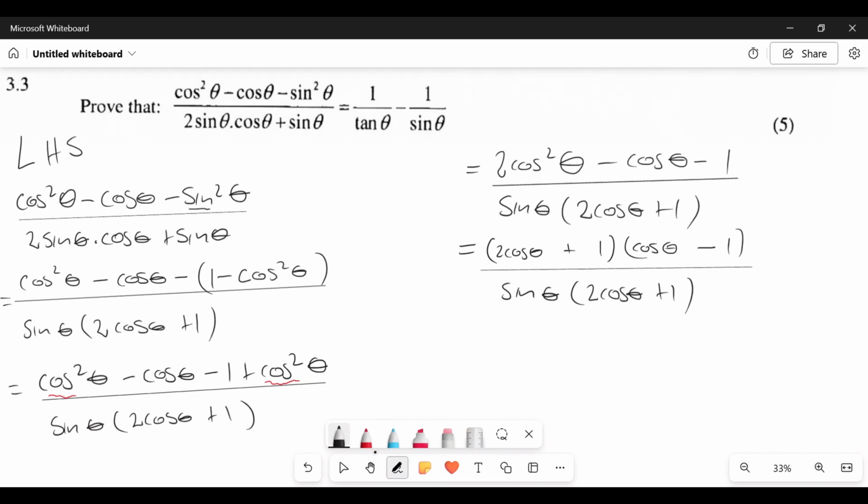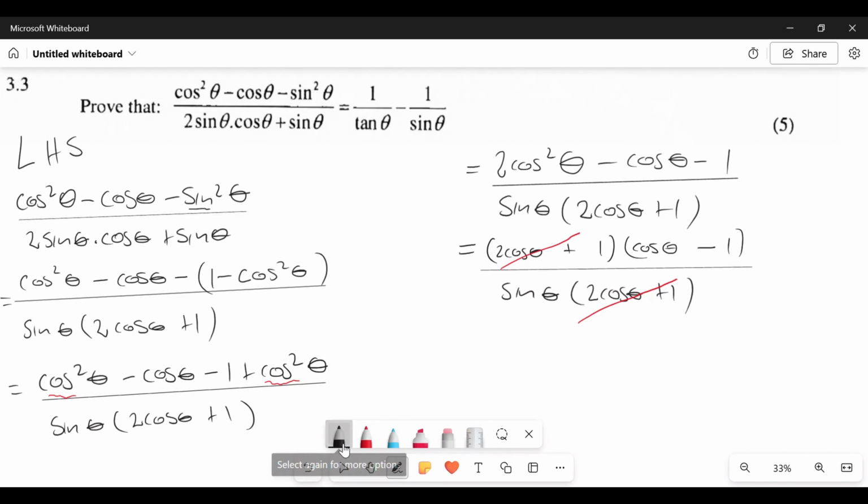If you look at your denominator and the numerator, we have on the denominator 2 cos theta plus 1 and another 2 cos theta plus 1 on the numerator. So what are we left with there? Let's check the numerator, guys.